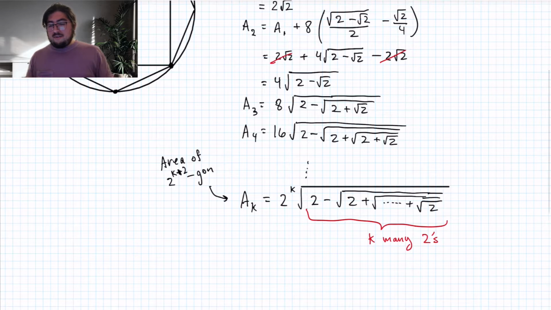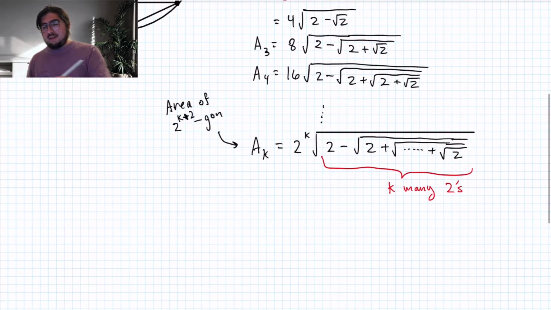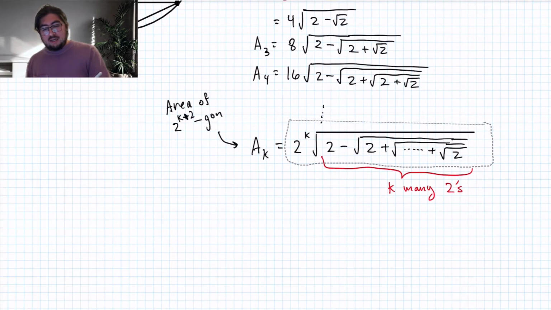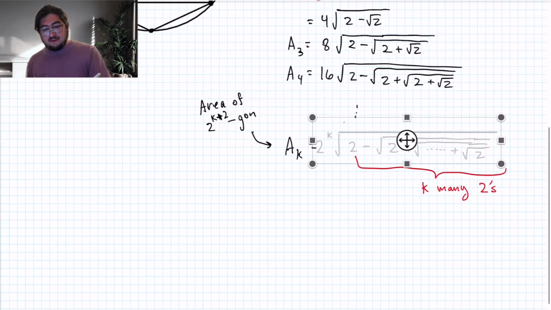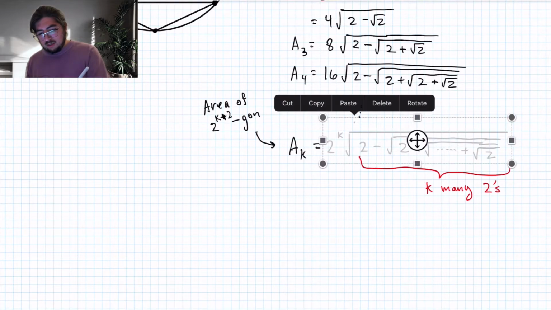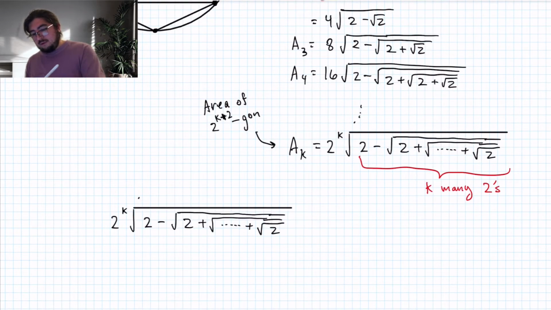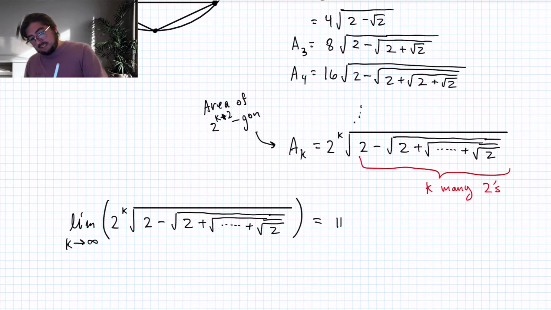So that's the area of a 2 to the k plus 2 gon, where the radius of that polygon is 1, so it's inscribed in a circle of radius 1. But even more important for our purposes, this is the big result: if you take the limit as k goes to infinity, this is supposed to be exactly pi.